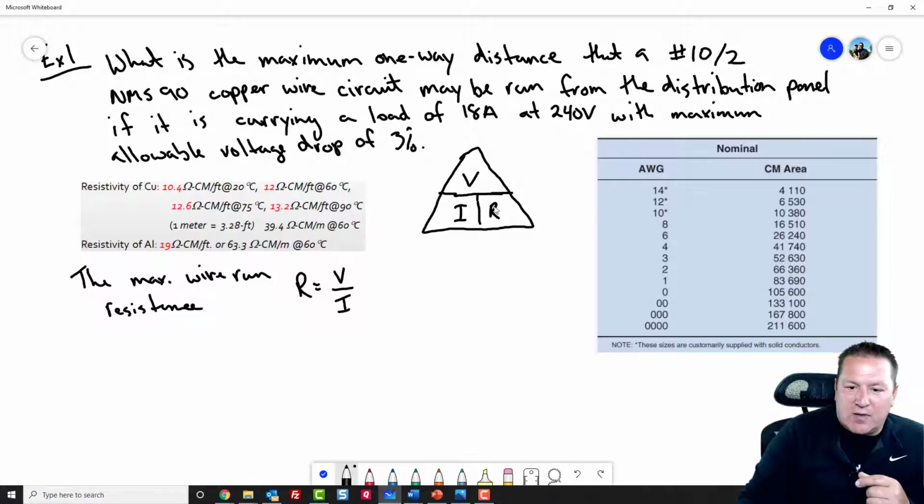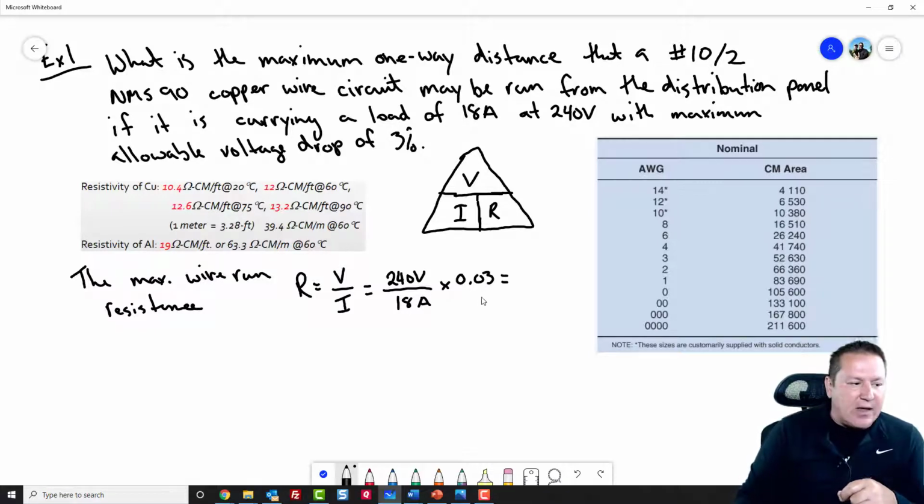And here we're given it's 240 volts over our load current of 18 amps. But we need to multiply that by 3%, so multiply that by 0.03. And if we punch that into a calculator, I ended up with 0.4 ohms.